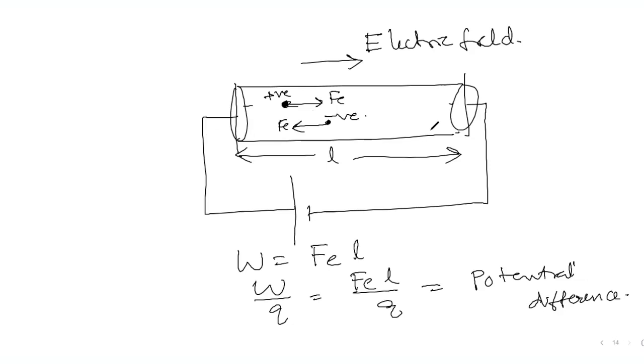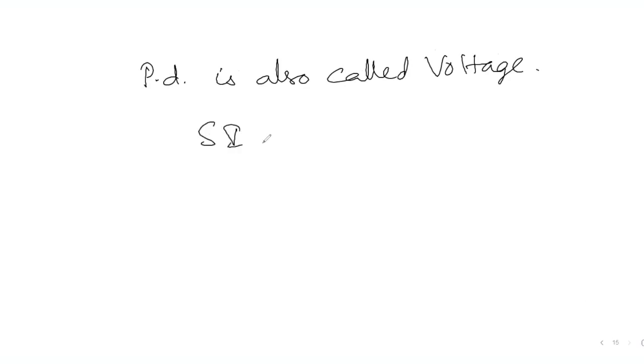That energy difference is nothing but the work done in moving the charge from one end to another end. This potential difference is also called voltage. The SI unit of potential difference is volt. This is denoted by V.